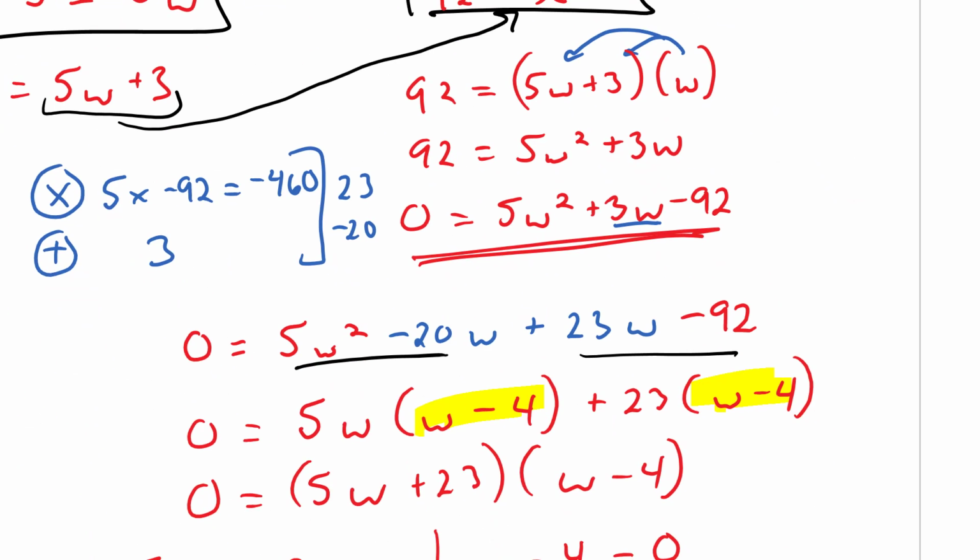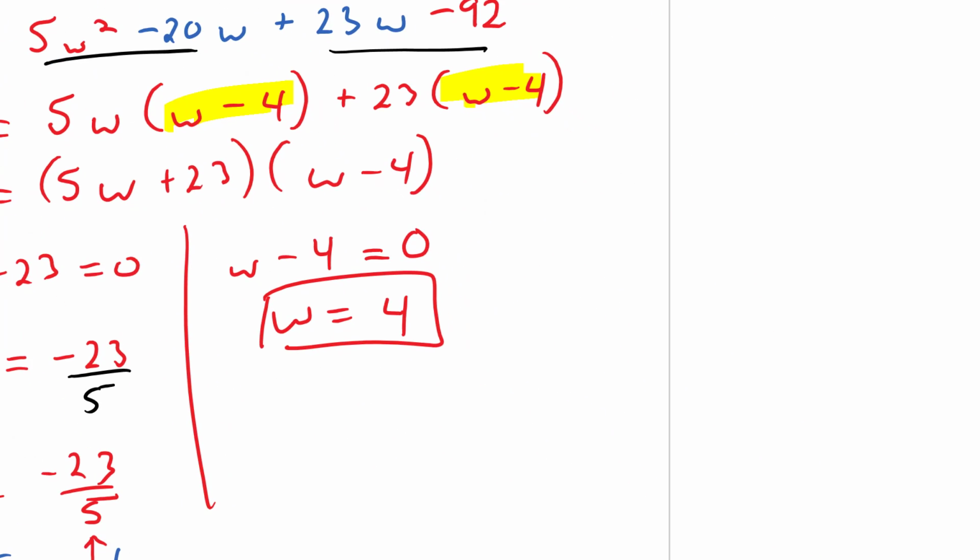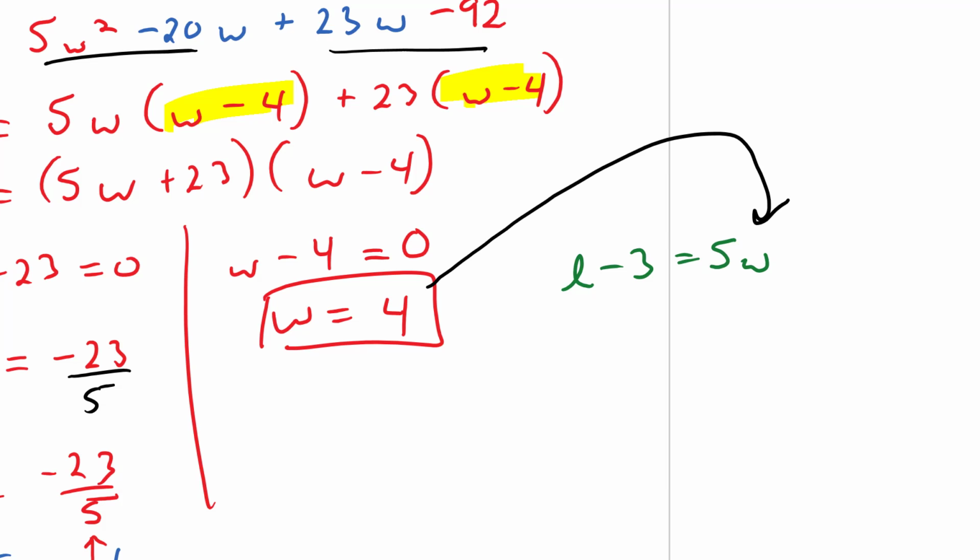So I have to sub the w in to solve for the other value. We had length minus 3 is equal to 5w. Let's sub that in here and we'll solve for our length. Length minus 3 equals 5 times 4. Length minus 3 equals 20.